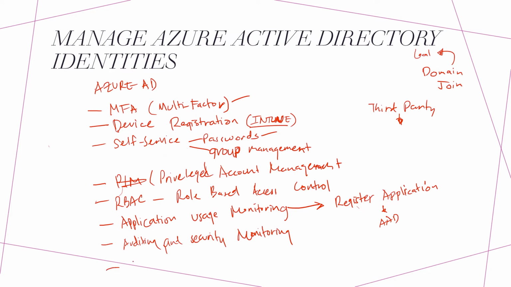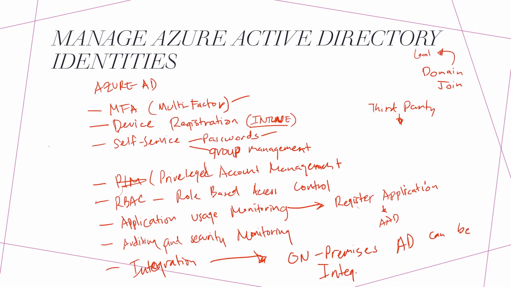And another thing is the integration. One of the most popular, for the sake of the exam, is that on-premise AD can be integrated to Azure AD. So we will be tackling that later on.